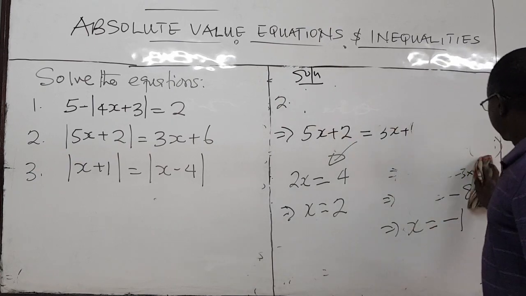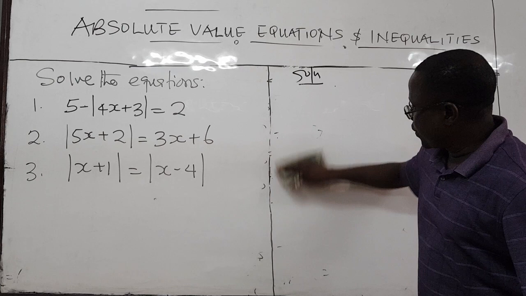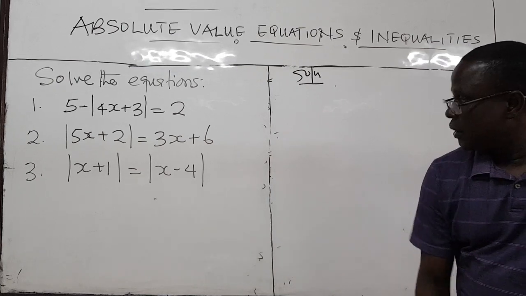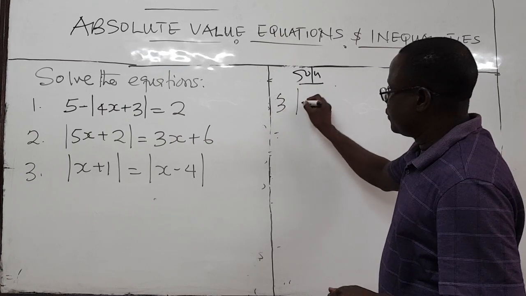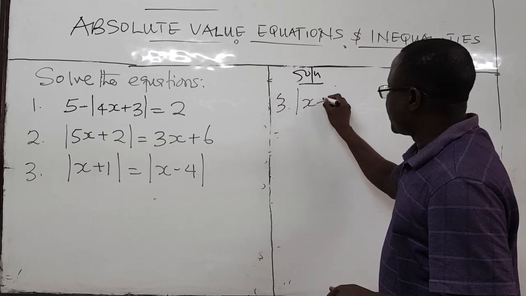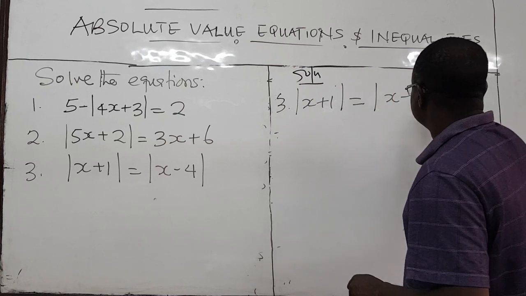Now the last one, we have absolute value of x plus 1 is equal to the absolute value of x minus 4.